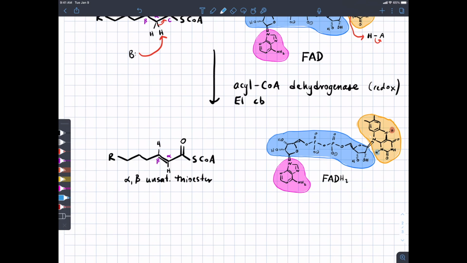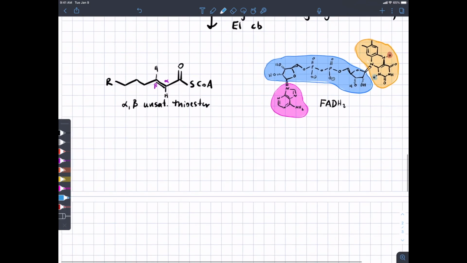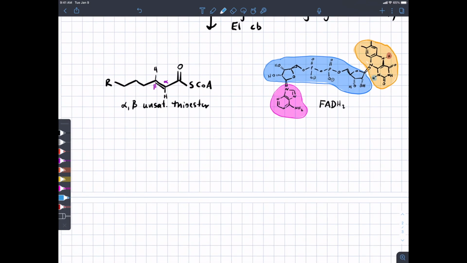The beta-hydroxy carbonyl compound. So now I'm thinking backwards. If I can get an alpha-beta unsaturated carbonyl compound from the corresponding beta-hydroxy carbonyl compound, then how am I going to get from here, the alpha-beta unsaturated carbonyl compound, to here?